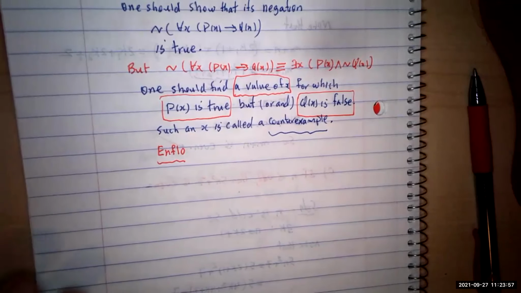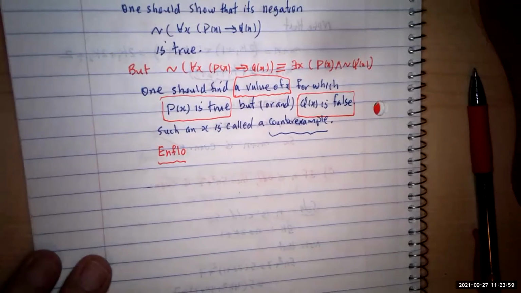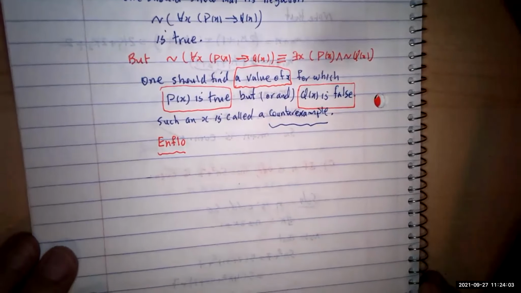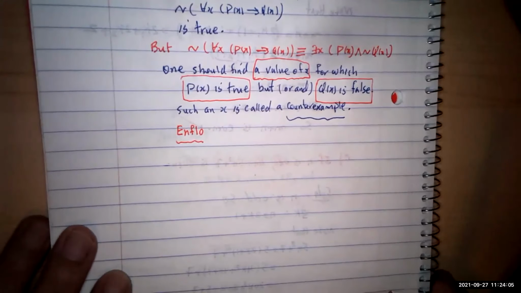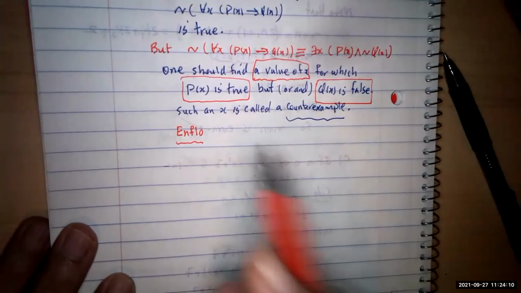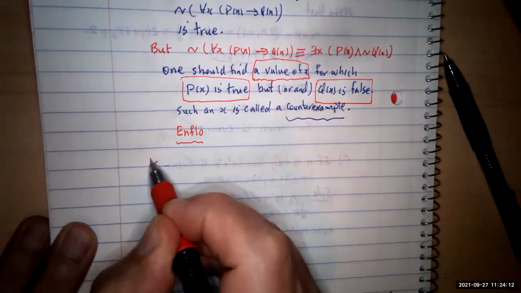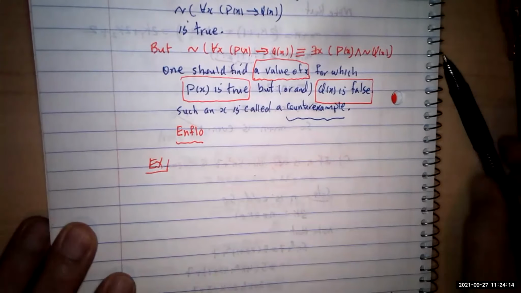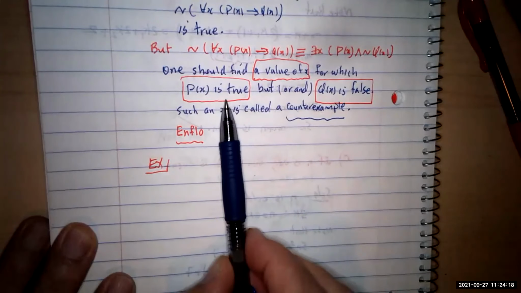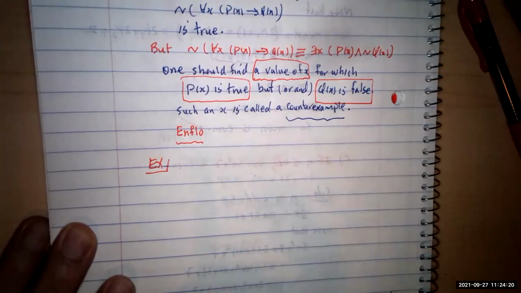Now your job is, we give you 3 or 4 statements. You are going to reject each by a counterexample. Since this is important, we even repeat this on the final exam. They are not going to be difficult, but the way you write it down, you have to be careful. You need a value of x such that p of x is true but q of x is false.